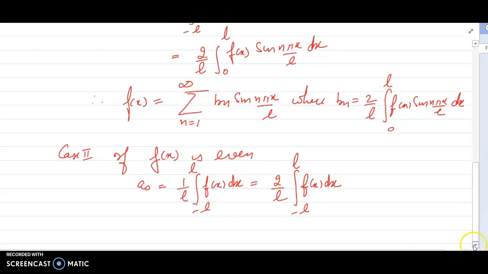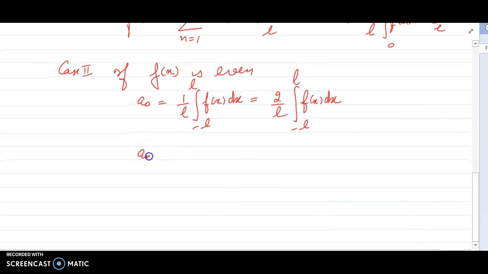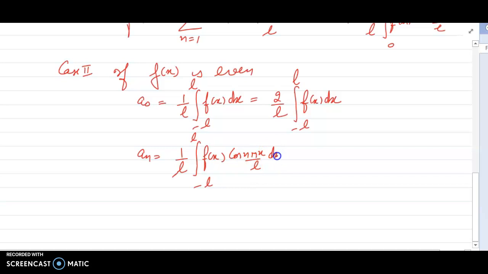And an is equal to 1 by L integral from minus L to L f x cos of n pi x by L dx. f x is even, cos is even, product is even, so I can write this as 2 by L integral from 0 to L f x cos of n pi x by L dx.